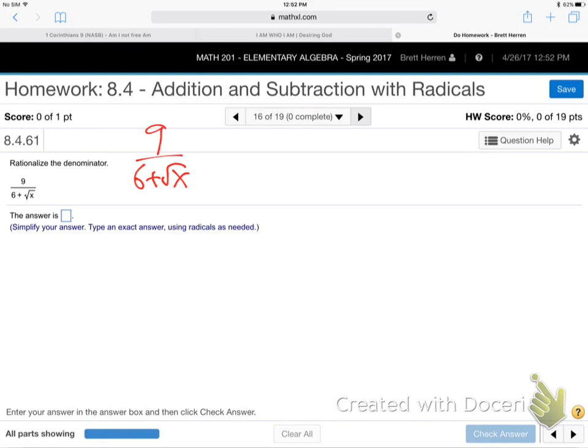What are we going to multiply top and bottom by? 6 minus root x. Opposite sign in the middle, right? Opposite sign in the middle.